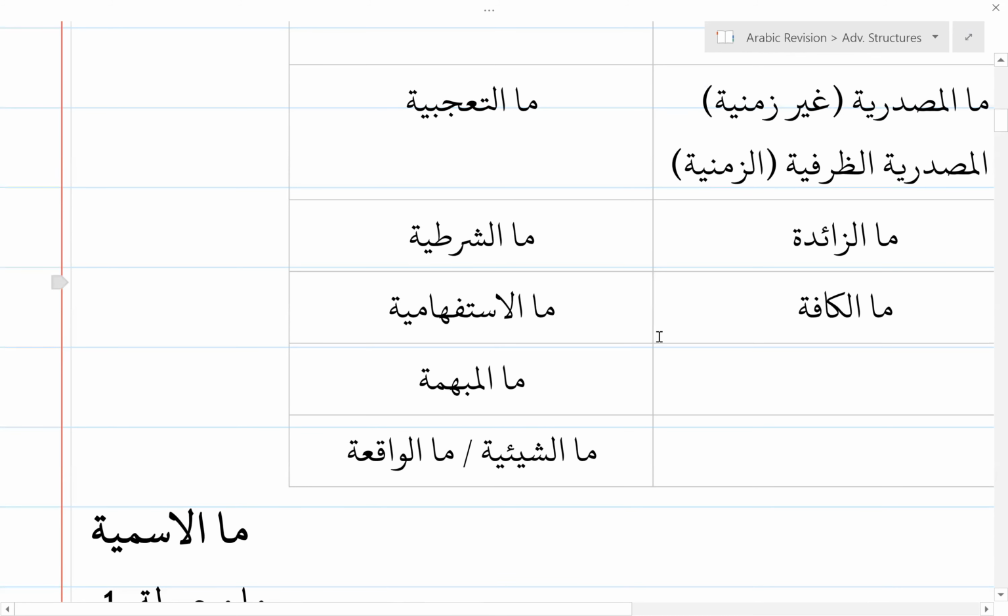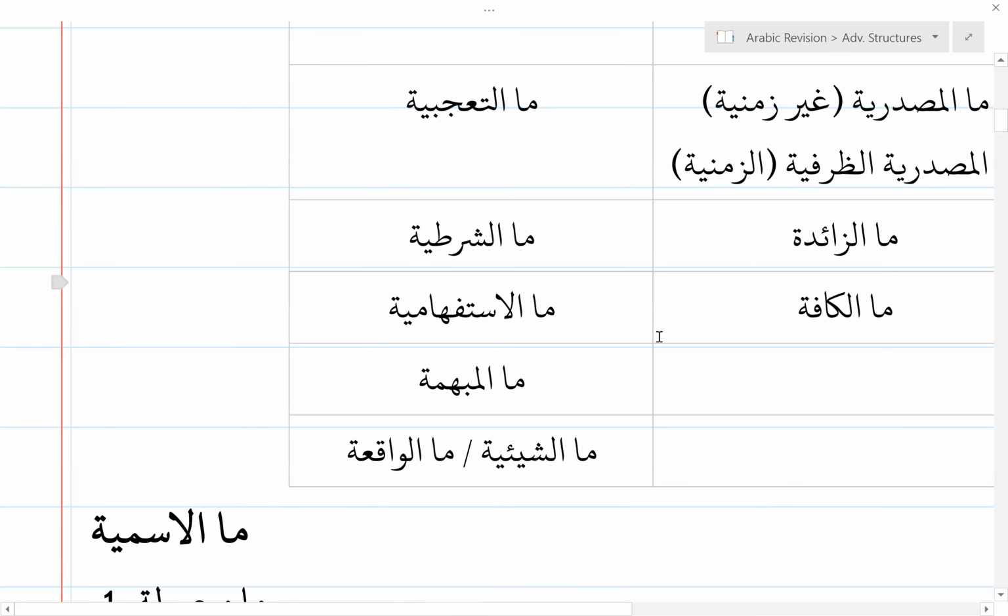Okay. And of course, it comes with a silatul mawsul. We know this. Ma is an ismul mawsul. It comes with its sila. For example, adraktu ma yukhfik. Adraka yudriku, to be aware, to know, to come to the realization.